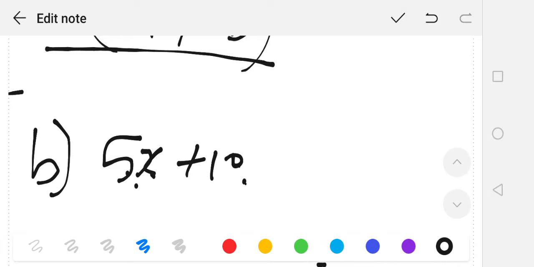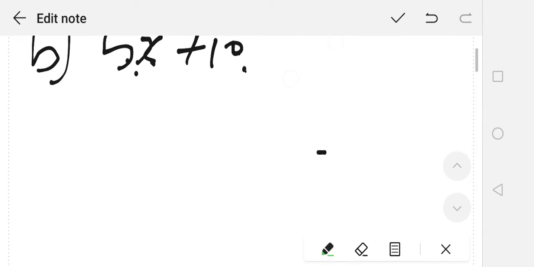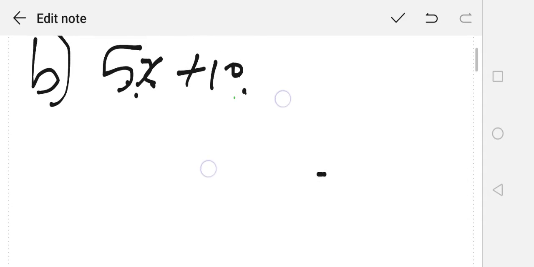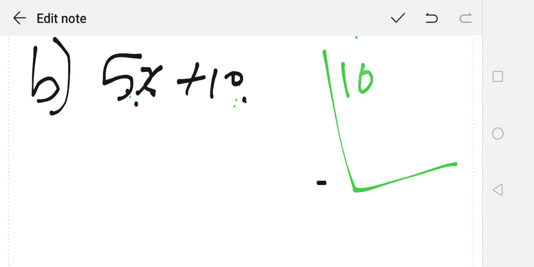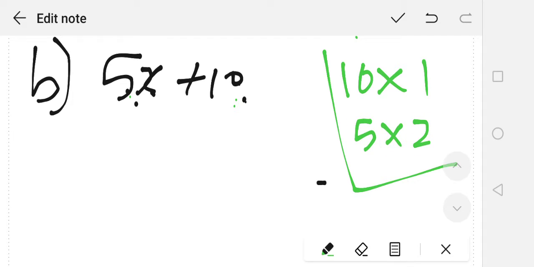So let us simplify this 10 to see whether there are factors of 10 which include 5 in them. I'm listing the factors of 10. We know that the first factors are 10 and 1, and the second factors are, of course, 5 and 2. 5 times 2 gives you the number 10.